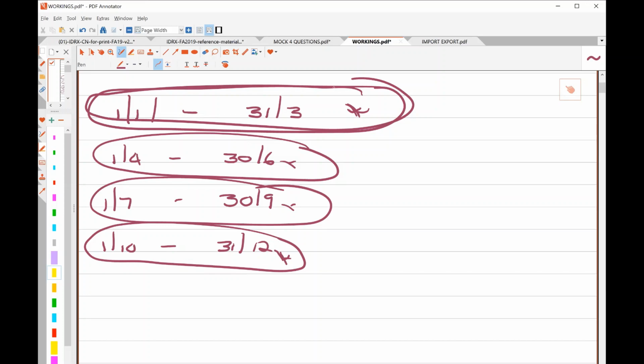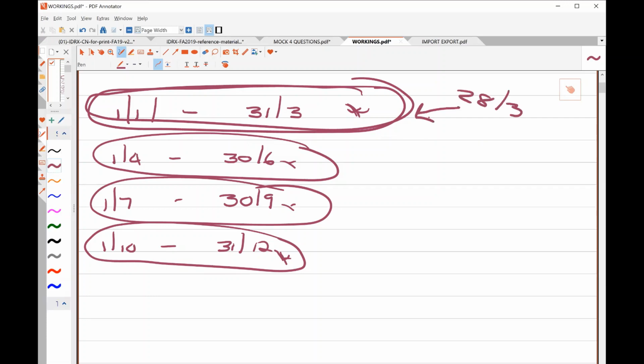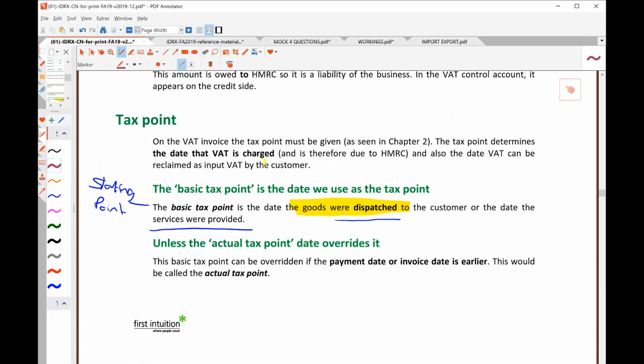Okay, fabulous. So far, if the dispatch date was the 28th of the 3rd, it would go in there. However, that's not necessarily where it's going to end up. That's just for now our starting point. What we then do is have a look to try and find out what we want to end up calling our actual tax point.